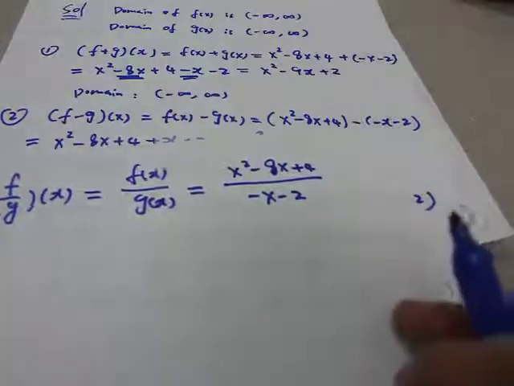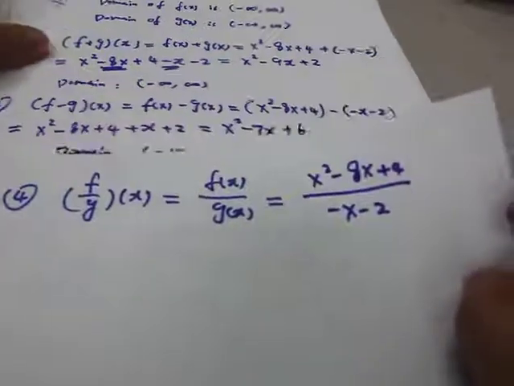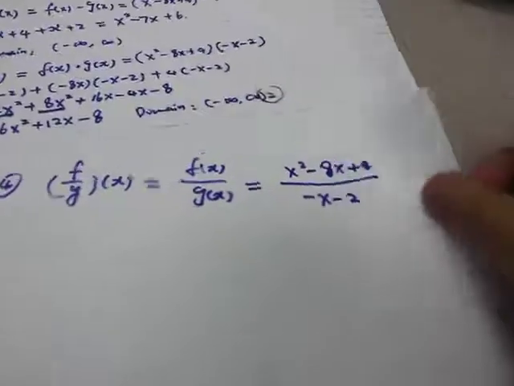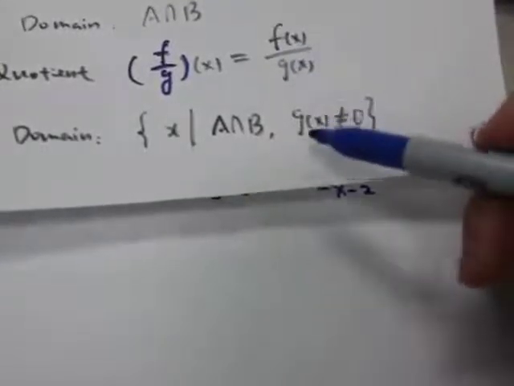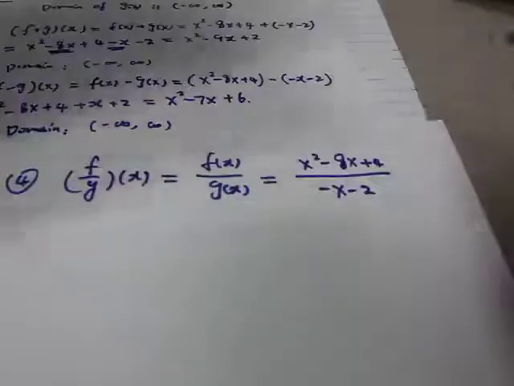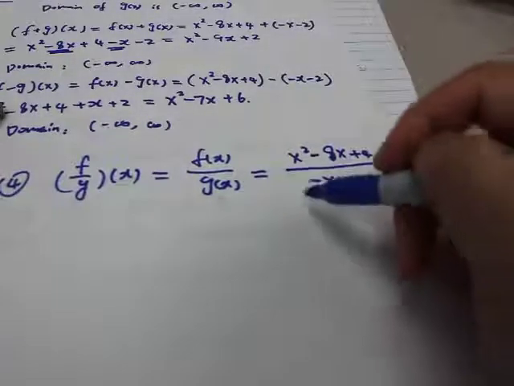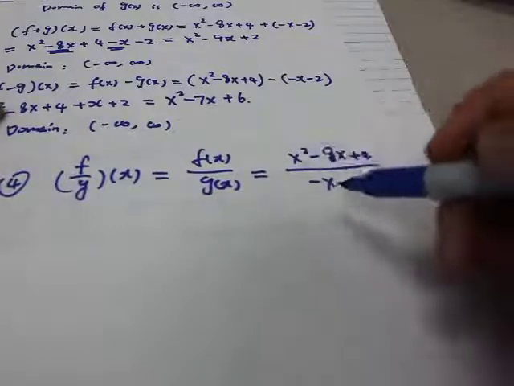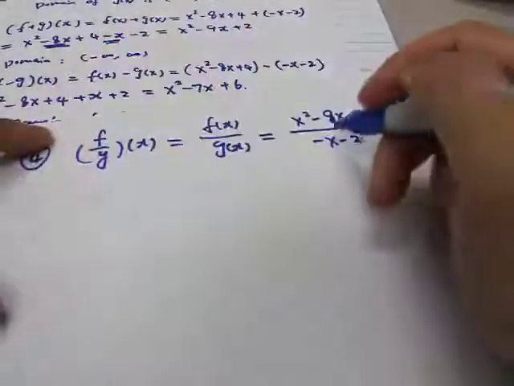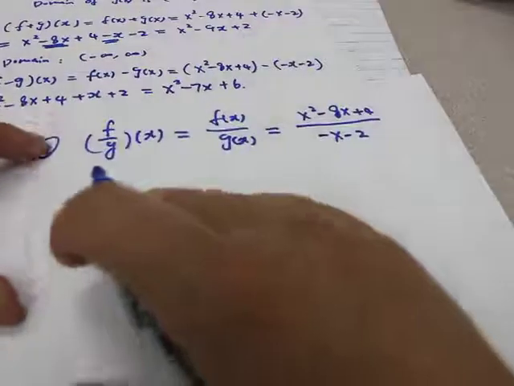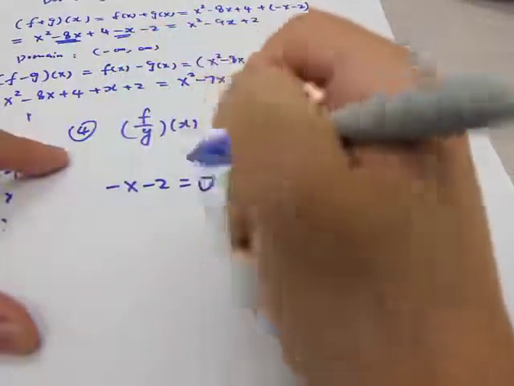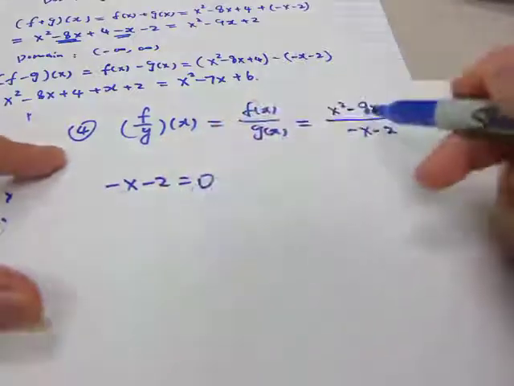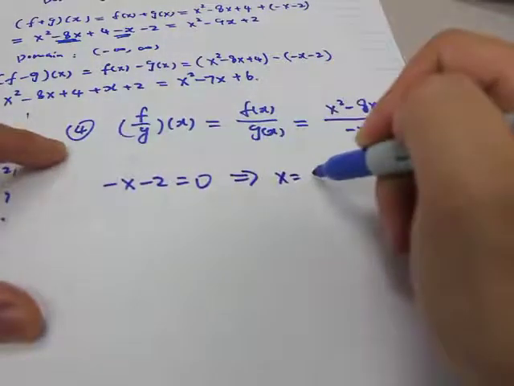And when we are looking for the domain of the quotient function, remember, according to the definition, we have to exclude anything that will make the denominator be 0. We have to exclude them from the domain. So if we think about which numbers are going to make the denominator of this function be 0, the answer is going to be negative 2. In other words, think of this question like you think about what is the solution of this. So the answer is x equals negative 2.